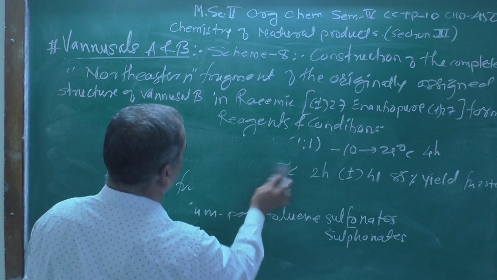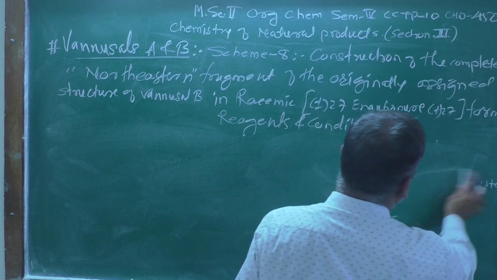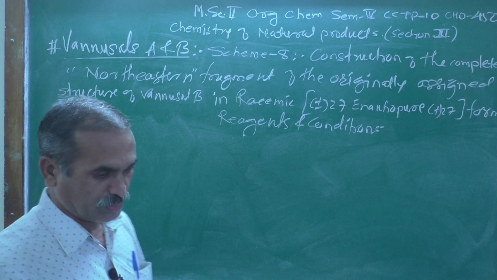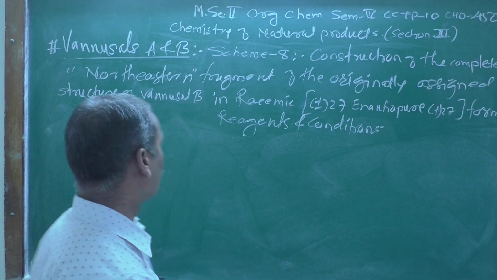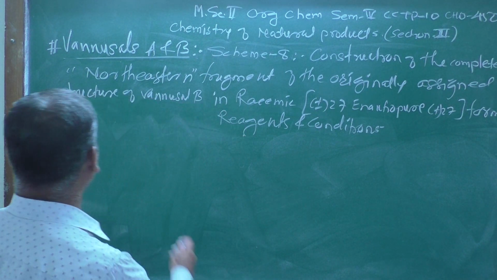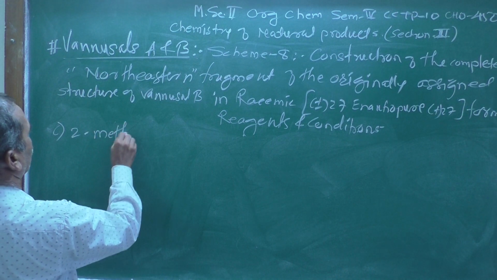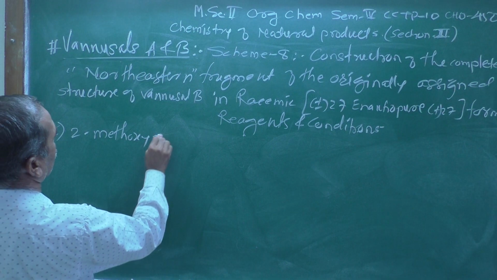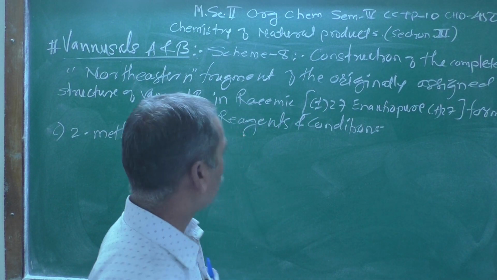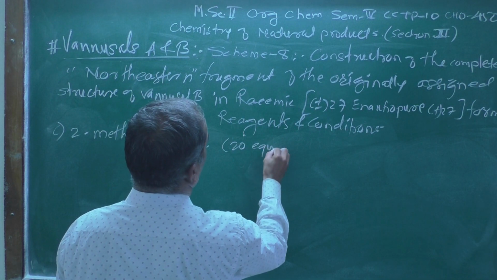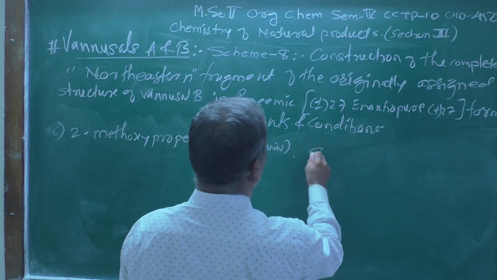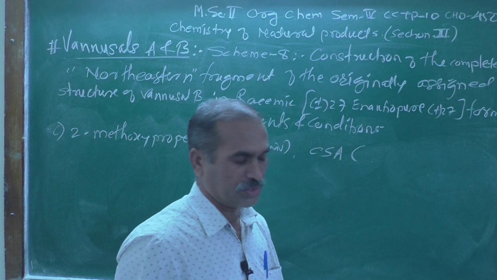Now, let us see another reagent which was used during this synthesis, that is reagent number C, 2-methoxypropene, taken near about 20 equivalent, followed by CSA, which I already told.